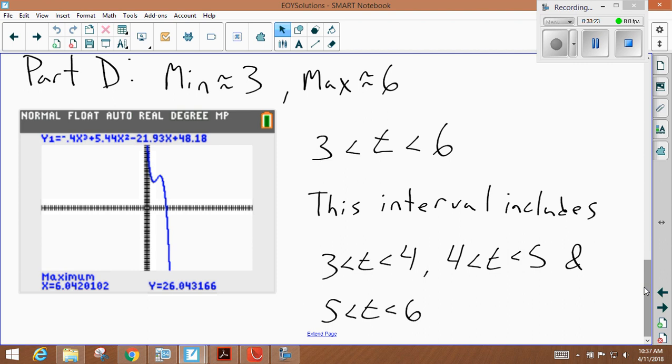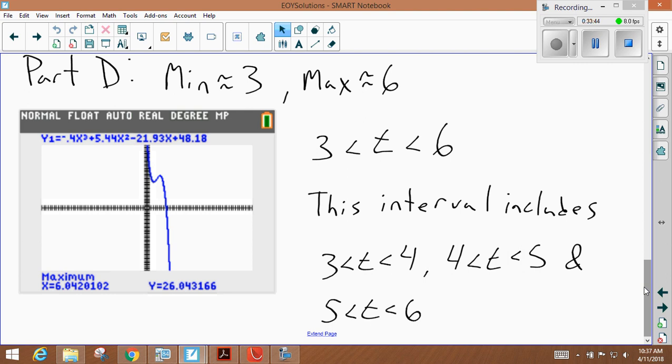So it is only increasing from 3 to 6. Remember, because we have a minimum at 3, and then we can calculate a maximum at 6 using the same function. And we know that the only place where it's increasing is between the minimum and the maximum.